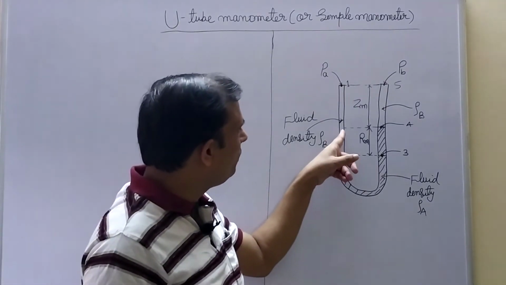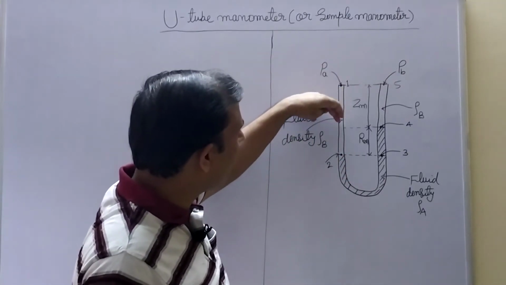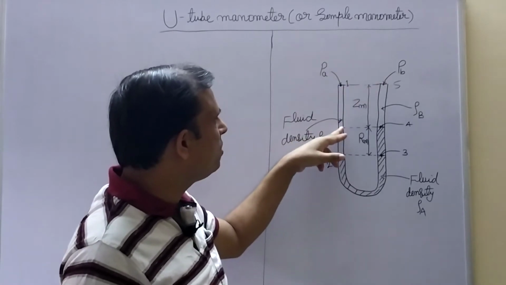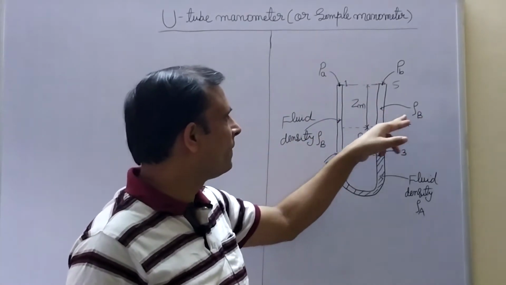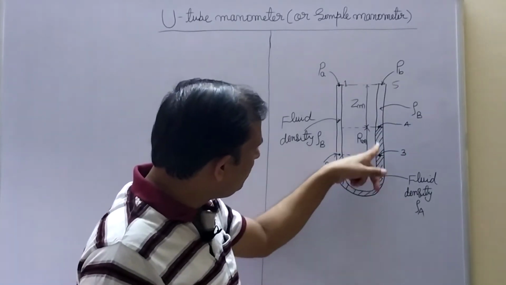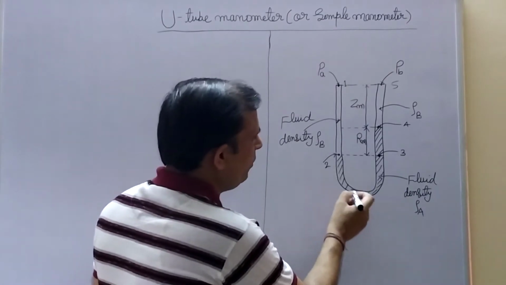So the fluid which is flowing in a pipe also enters here and here. The density of the flowing fluid is rho B here, and the same rho B here, and this fluid is the manometric fluid. This lining is the manometric fluid.